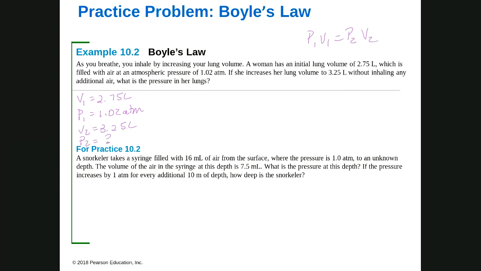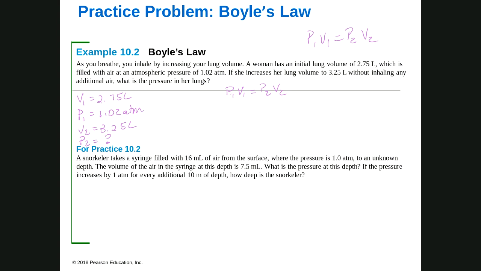So I'm given 2.75 liters at 1.02 atmospheres, and I'm going to change the volume to 3.25 liters, and I want to know what the new pressure is going to be. So I use my P1 V1 equals P2 V2. Now I'm going to rearrange this. You can put the numbers in first if you want to, but you should practice rearranging correctly.